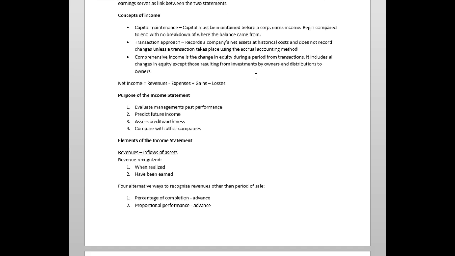Concepts of income. Well, we start out with this capital maintenance thing, and what capital maintenance is saying is you must have capital or resources before you can earn income, and it must be maintained. Now, the overall view of capital maintenance is a company begins with X amount of dollars, and when it closes out, which may be 20, 30 years, whatever capital's left over is what it's made.